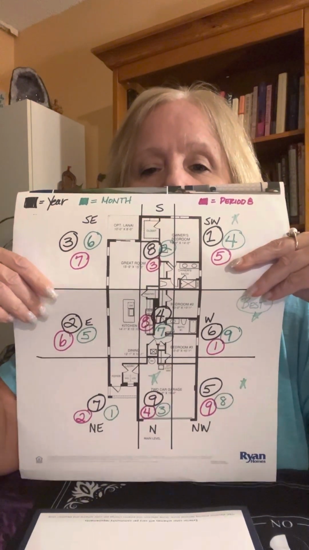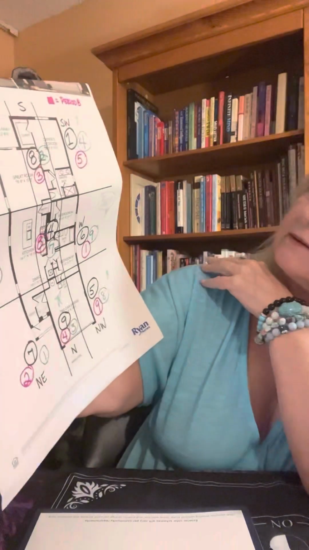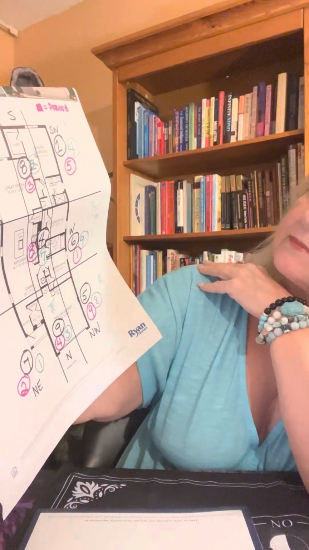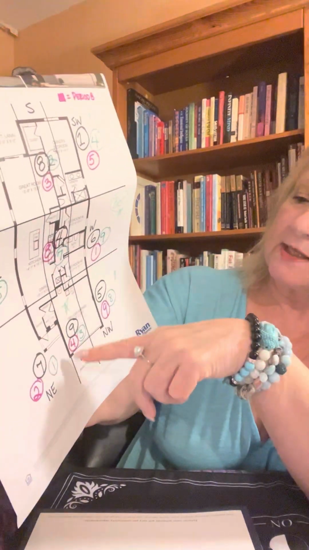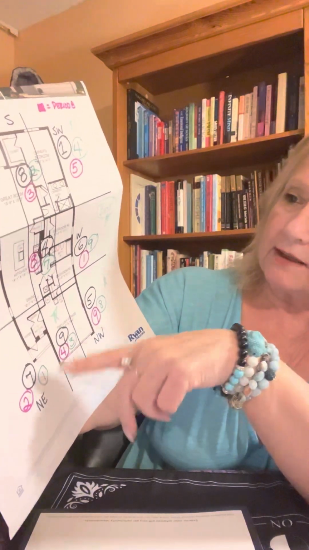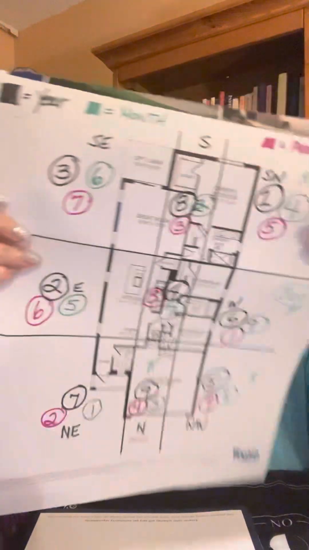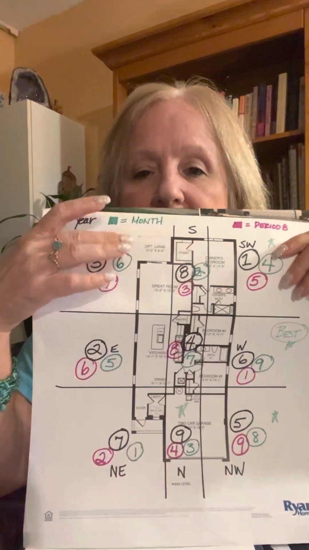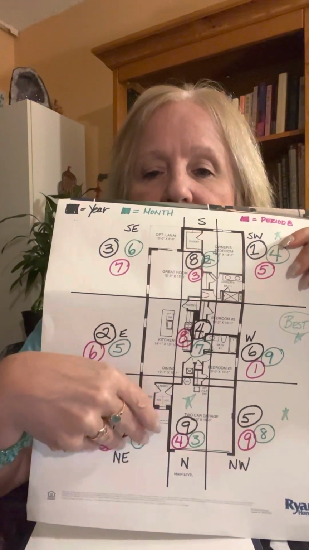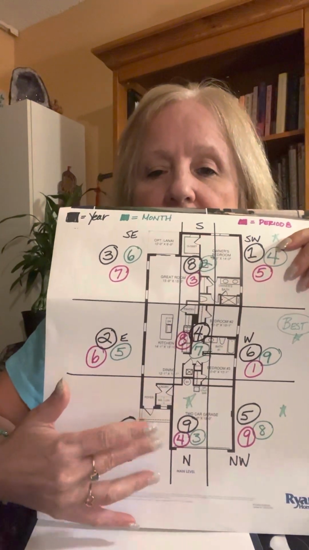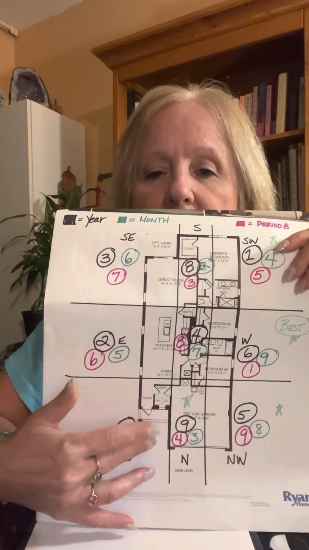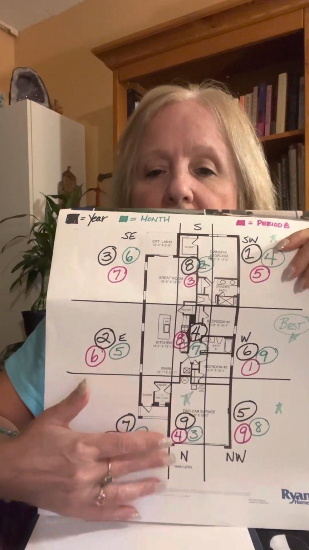But in this case, this particular home is missing part of its wealth, prosperity, abundance area in the southeast, and also the northeast, the wisdom, cultivation, education area.